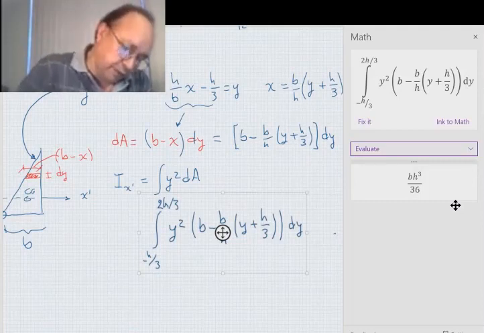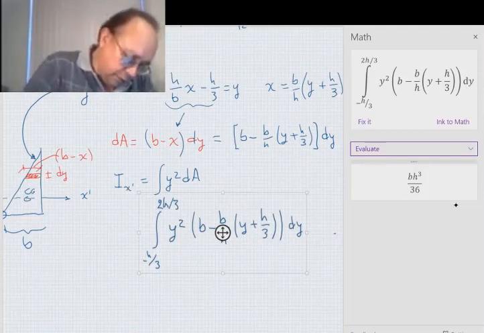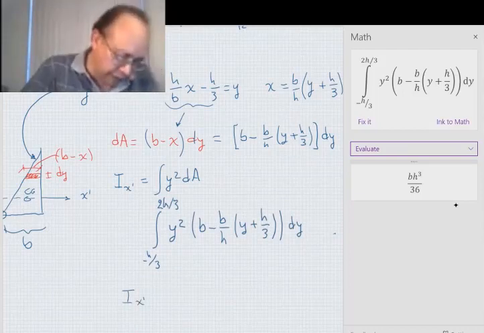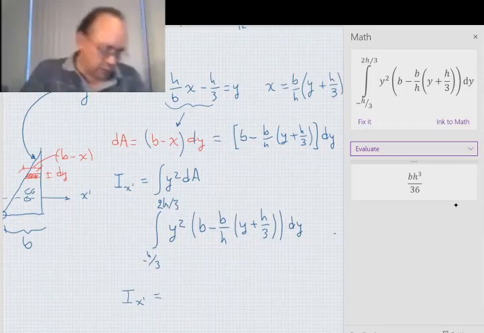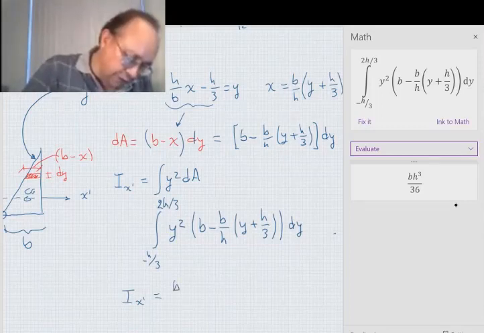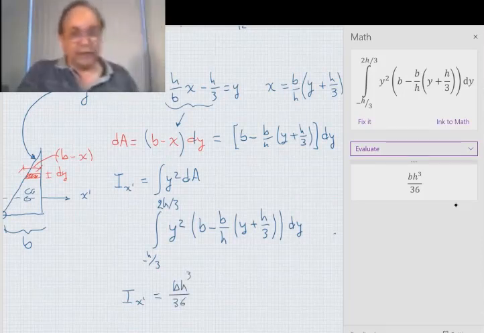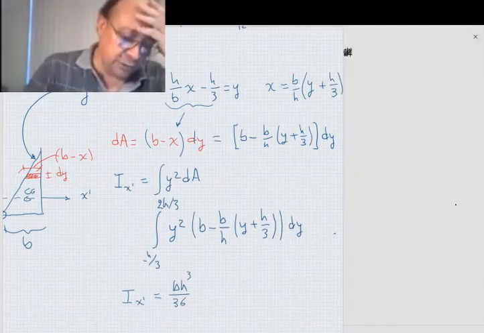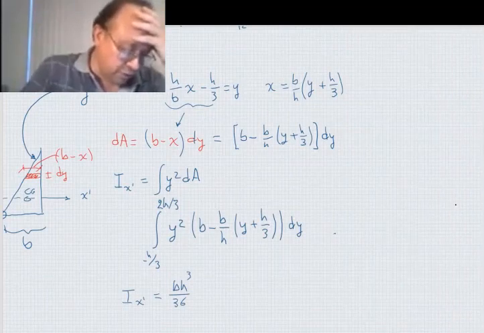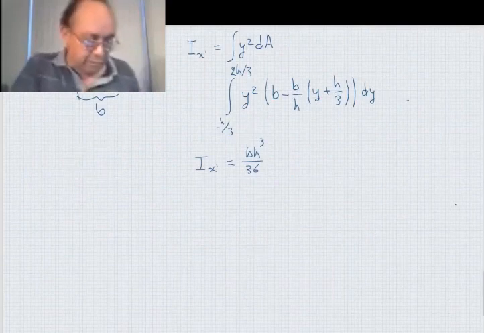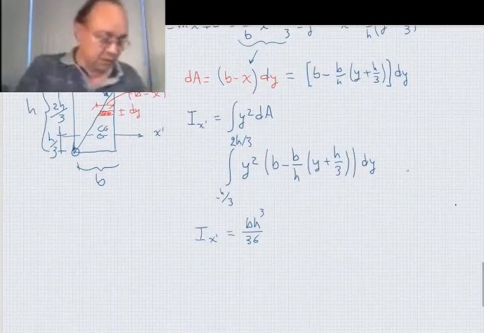Very nice. The moment of inertia with respect to a centroidal axis of a triangle equals b h cubed over 36. That's easier. Okay, well, I leave this to you guys. I am too old for this. You guys are young and you took your calculus 101 very recently, your minds are very agile, so you can do it.